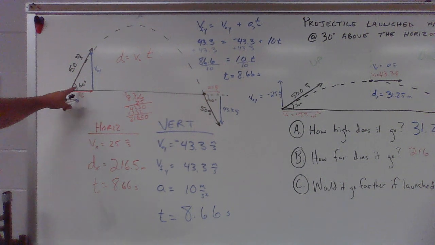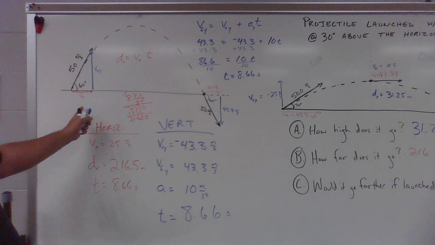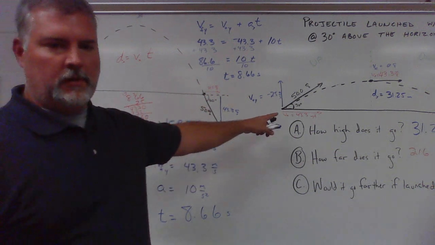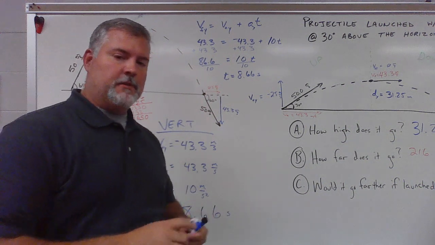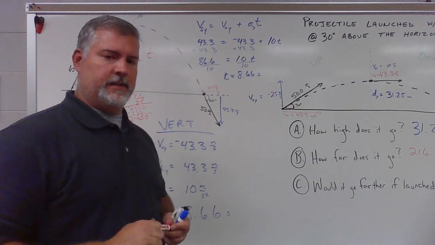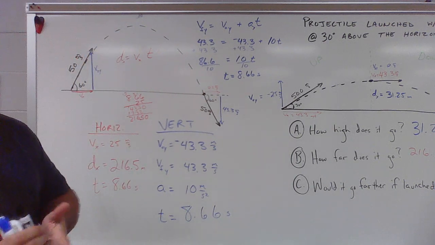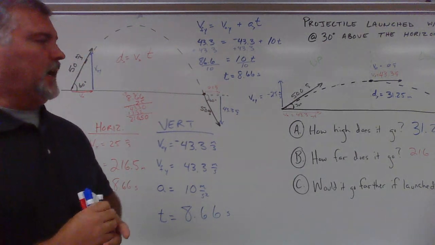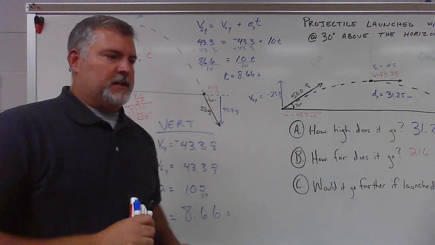If we launch this thing at 60 degrees at 50 meters per second, it goes just as far horizontally as it did when we launched it at 50 meters per second, 30 degrees above the horizontal. It turns out if you take complementary pairs like that, 2 angles that add up to 90 degrees, they both will have the same horizontal range.